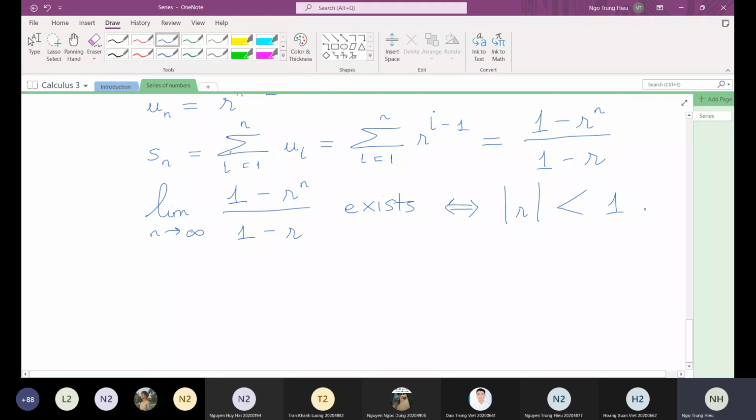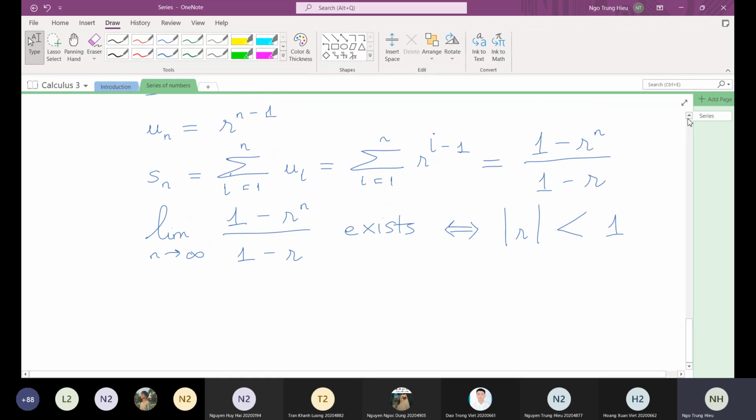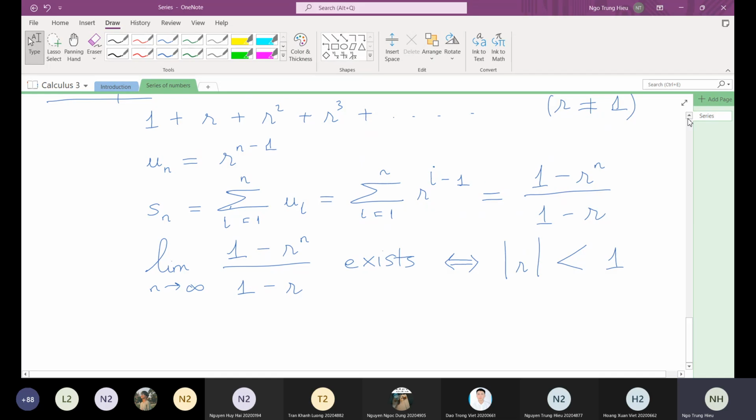So the series that we saw before, 1 plus r plus r squared, call this series S. So the series S converges if and only if the absolute value of r is less than 1.